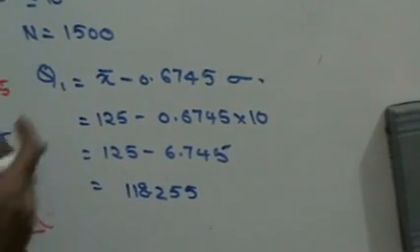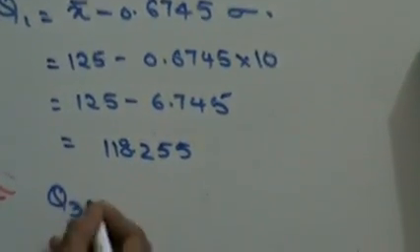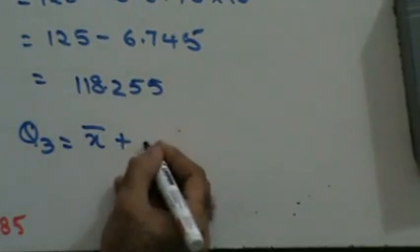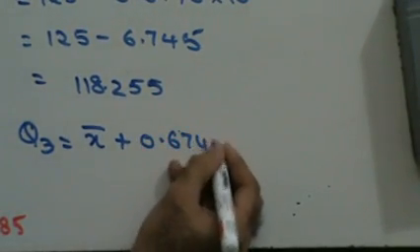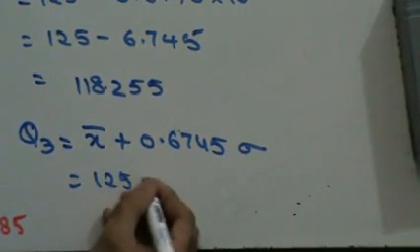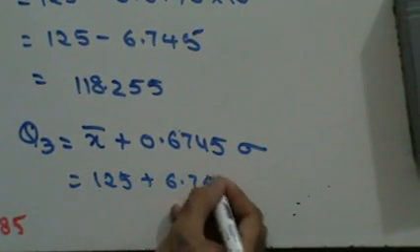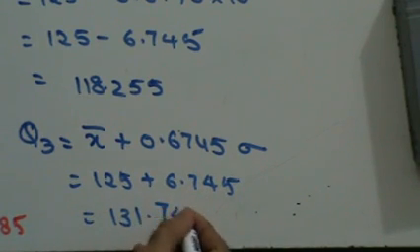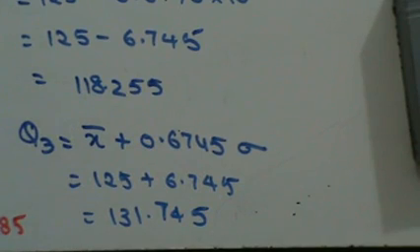Next, that's Q1. Q3. Q3 is going to be given by the formula mean plus 0.6745 into standard deviation. So that's going to be 125 plus 6.745. That is going to be 131.745. Right?